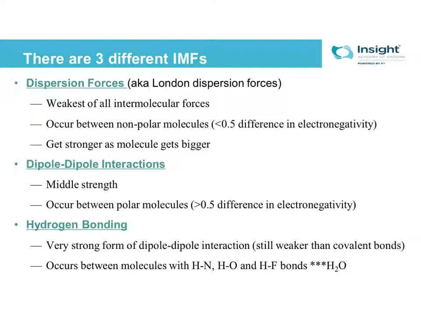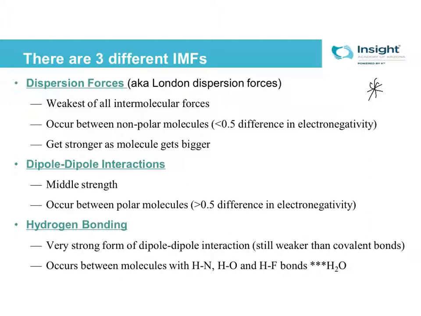Okay. So the 3 intermolecular forces you are responsible for knowing, this is a good note-taking slide, is dispersion forces. These are the weakest of all intermolecular forces, and these are the types of intermolecular forces that occur between non-polar molecules.